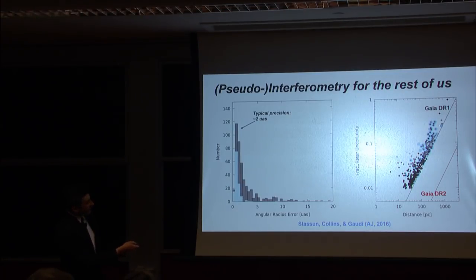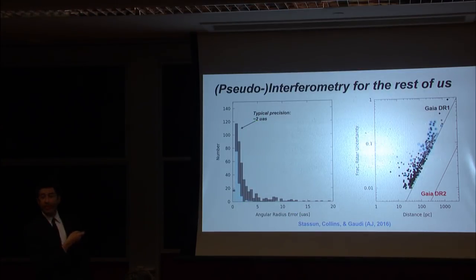So here is from a study that we recently did of applying this methodology to all of the then known exoplanet hosting stars in the first Gaia data release. This gives you a sense of what's possible. So for this planet host star sample, we achieve a typical precision of 2 microarcseconds in the stellar angular diameters.